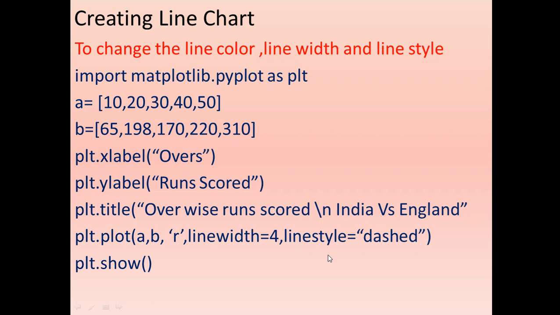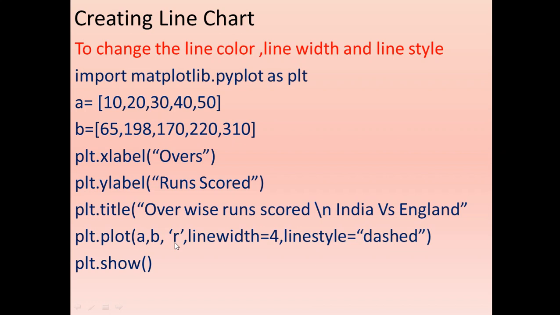If the question asks to change the line color or line style or line width, then accordingly we will use the attribute. Otherwise there is no requirement at all. Only if the question asks, but you need to know how it will be changed. So here 'r' is the color code, and it is mentioned for the red color.